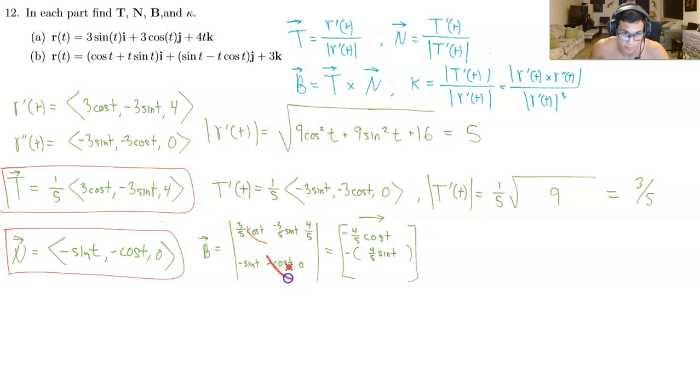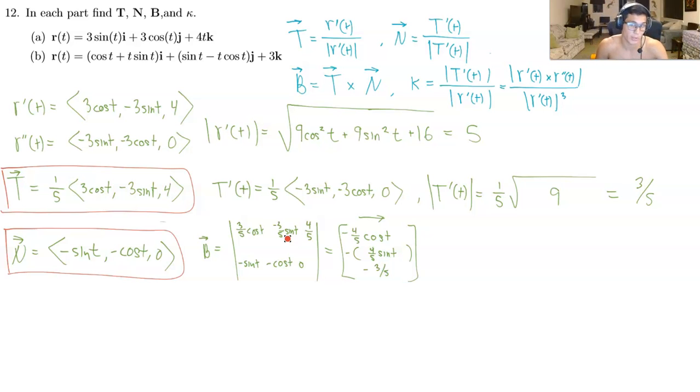And this last one, this times this: there's a cosine times a cosine and a sine times a sine, negative, negative, positive, but there's also a negative in here. What does that mean? Well, it means that the cosines are going to be squared, the sines are going to be squared, and it's going to be negative. Then you can factor out the negative, so we have positive 3/5 cosine squared plus 3/5 sine squared, which is just negative 3/5.